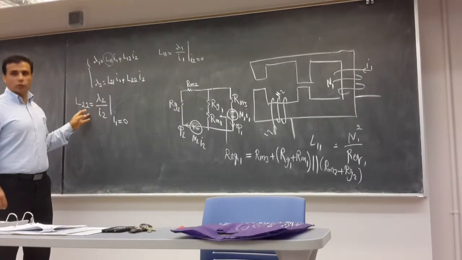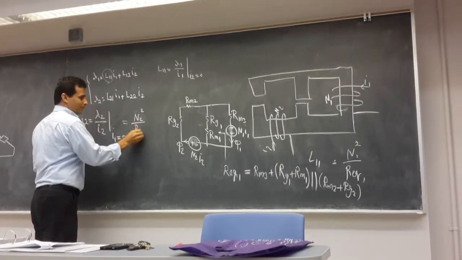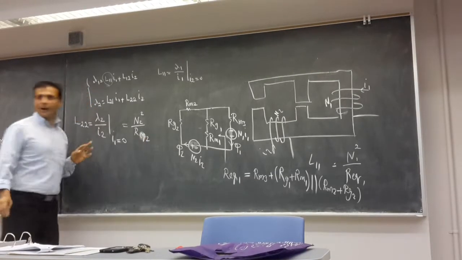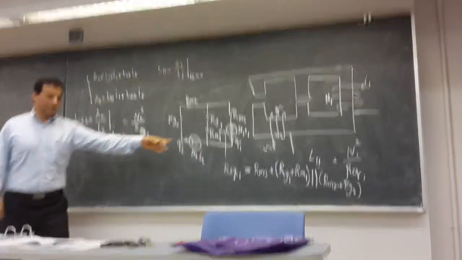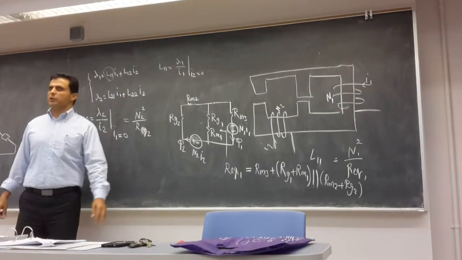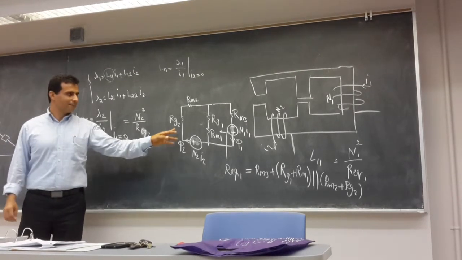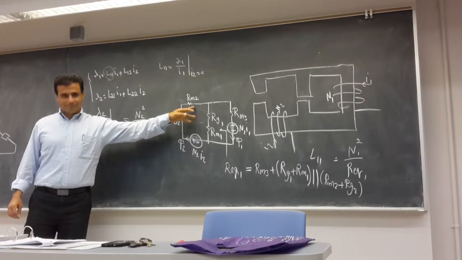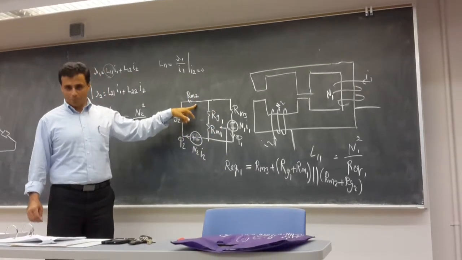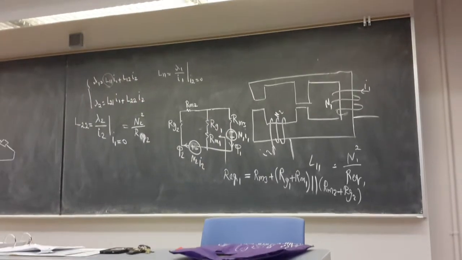So how much is going to be L22? It's N2 to the power of 2 over REQ2. How much is the REQ2? RG2 plus RM2 plus RG1 plus RM1 in parallel with RM3. This one plus these two in parallel. See, that's as easy as it is.